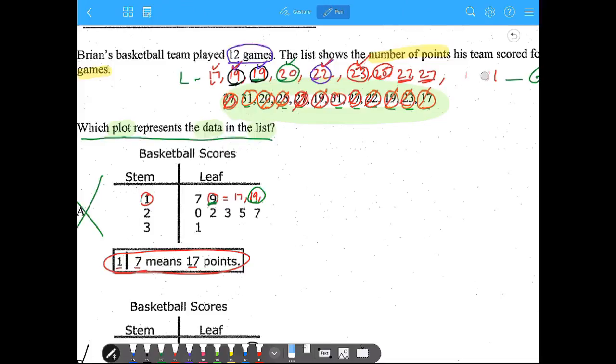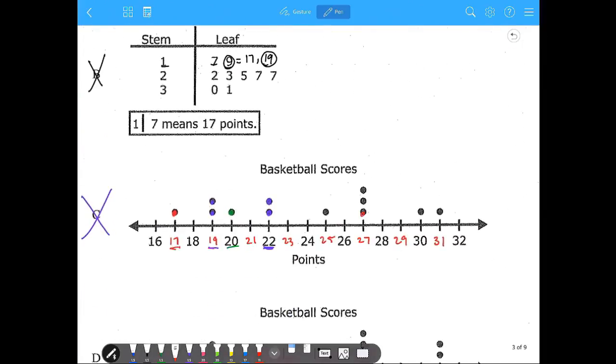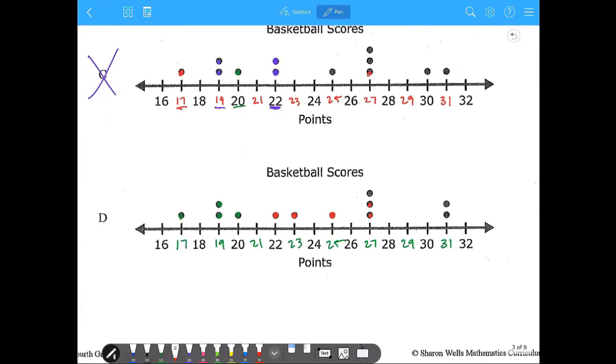Let me go ahead and add that right now, because there were 3 27s. You see, I missed it right here. 1, 2, 3. Hopefully you guys didn't make that mistake like I did. And you see, that's why you got to put in that list and look at them carefully, because even I made that mistake right now. So there's 3 27s, and that's why for letter D, we gotta have 3 dots.